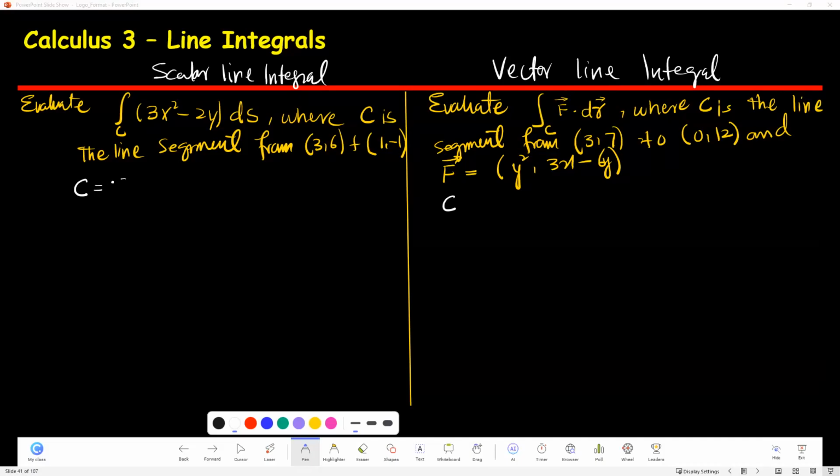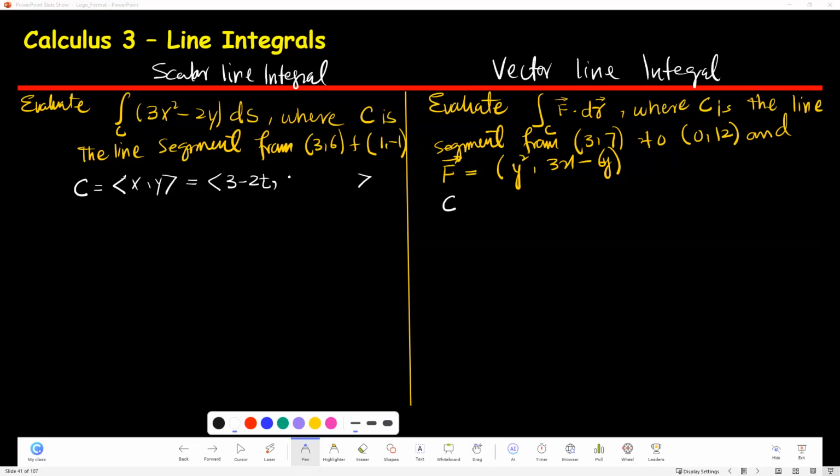So for the x component of this, I can write x equals x naught plus at, right? So what is my a? 1 minus 3 is going to be minus 2t.